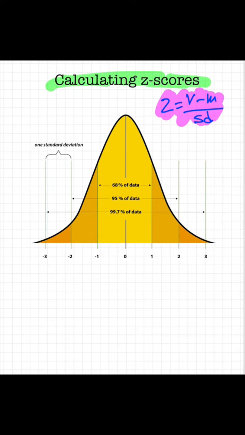We use this formula to calculate the z-score of every individual value given a known normal distribution. So let's see an example.